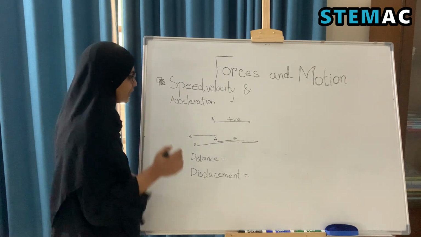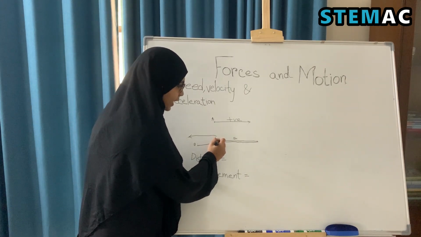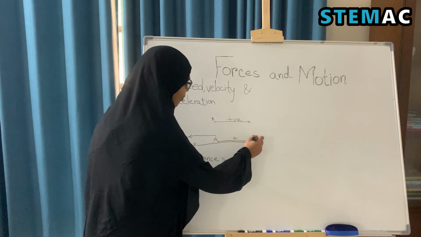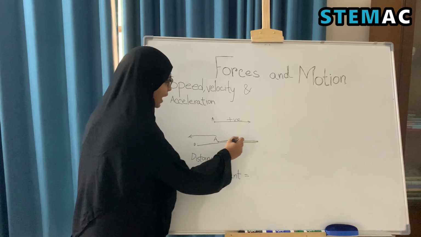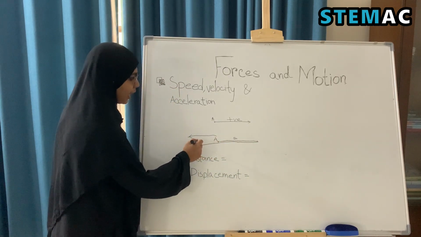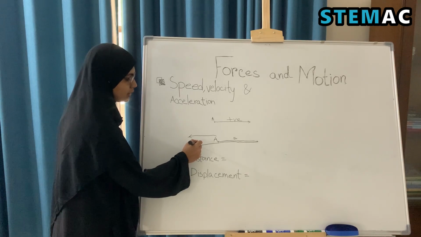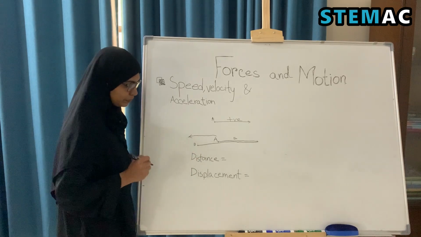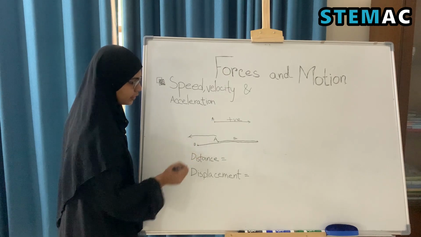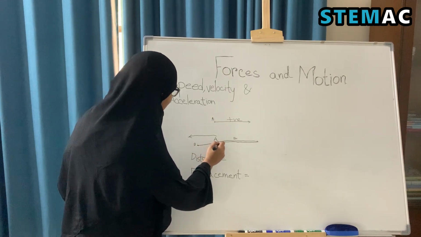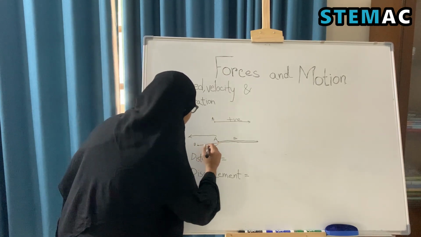So let's say that I am starting at point A, moving forward 5 meters and then coming backward through A and towards B. I am ending my journey here, and the distance between A and B is 2 meters.